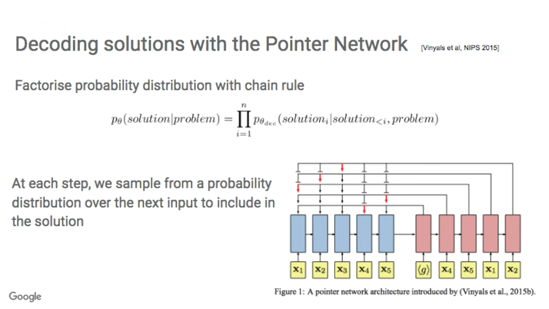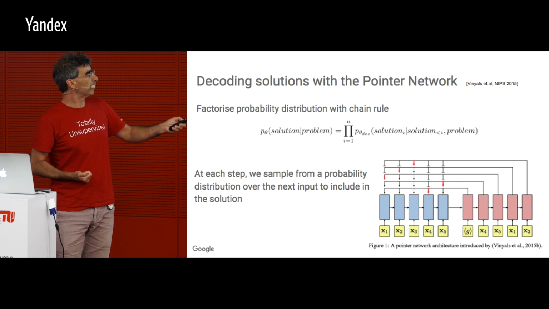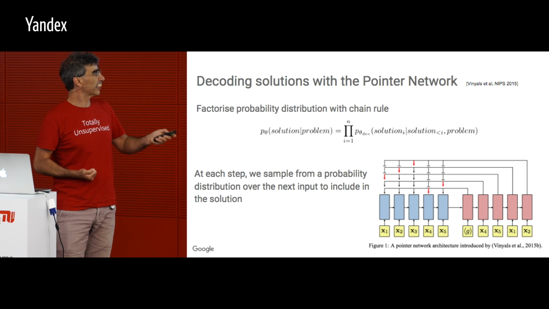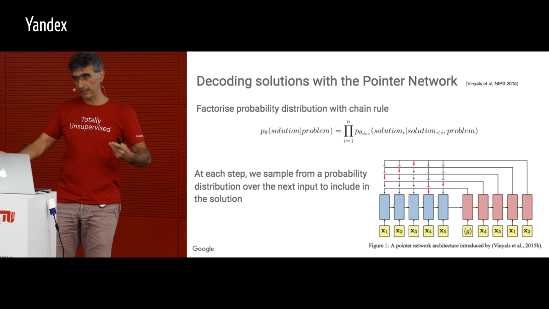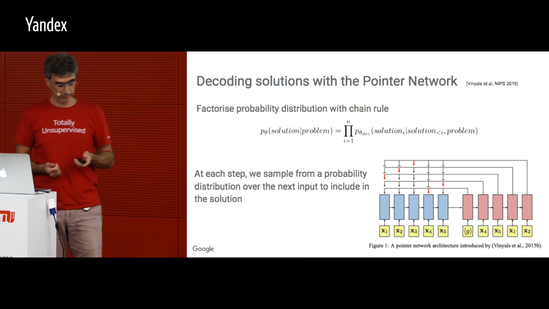So any single part of the solution will be conditioned on the previous parts, as well as the problem. And once we've solved all that, we have the complete likelihood of the solution.